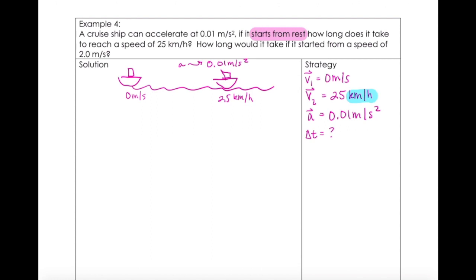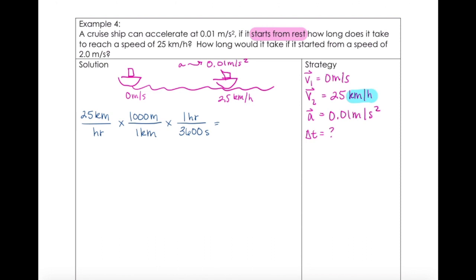Okay, so if I go through and do that, I have 25 kilometers per 1 hour times, there's 1,000 meters in 1 kilometer, and in 1 hour there is 3,600 seconds.